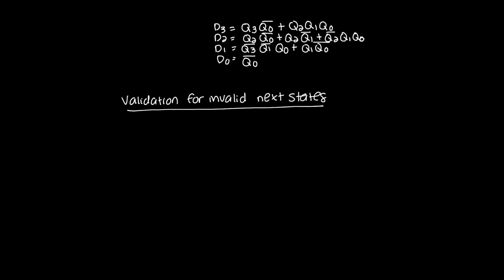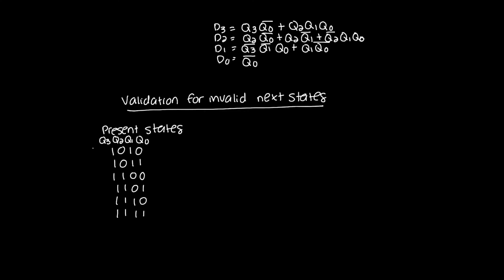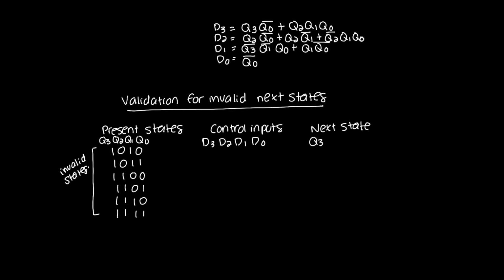So first thing I'm going to do is look at all my invalid present states. I'm going to look at my control inputs, and I'm going to use those to determine what my next state is going to be.